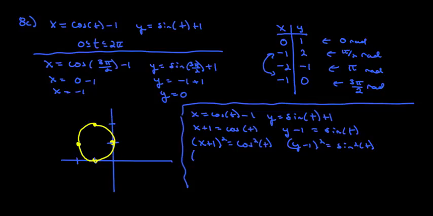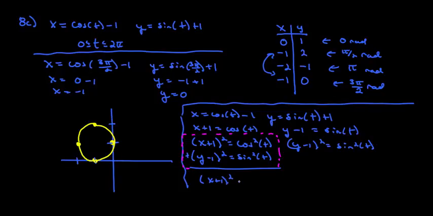So here's my trick. I'm going to add these two together. And now watch what happens. I'm going to get x plus 1 squared plus y minus 1 squared is equal to sine squared t plus cosine squared t. And we know sine squared plus cosine squared is 1.